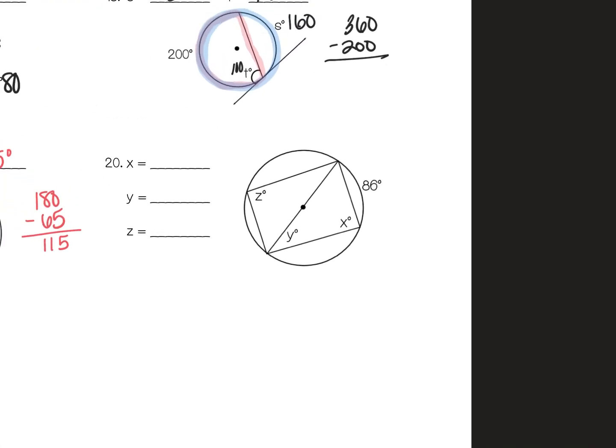For 20, I have lots of different inscribed angles, so I'm going to go ahead and start with y. Y is attached to this arc that is 86, so I take 86 divided by 2. I get 43 for y. Z is this angle attached to this semicircle, making it half of 180, which is 90.